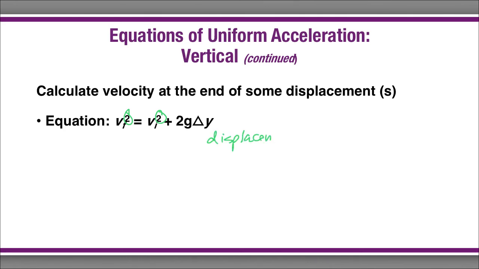Now, again, this is only looking in the vertical direction, so it's strictly going to be displacement in the vertical direction. Okay. Now, one thing that you must be careful with in this equation is remembering that these two variables are squared. So if you need to use the square root of something to find the actual Vf, that is what you need to do prior to actually completing a certain problem that you're given.